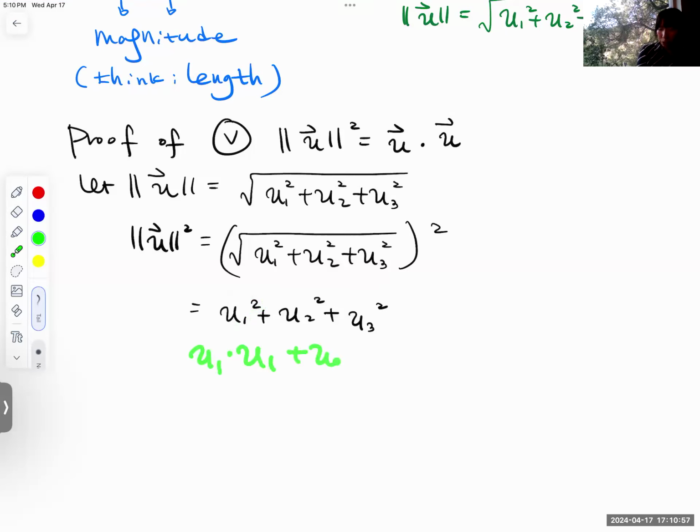Because we had earlier, if we have a dot product, we multiply component with component to get the number, right? So this is simply vector U dot product with vector U, okay? Is it okay with you?